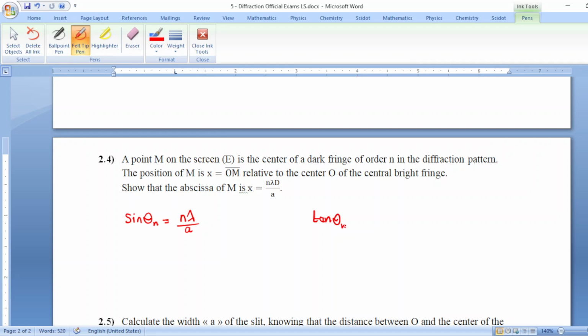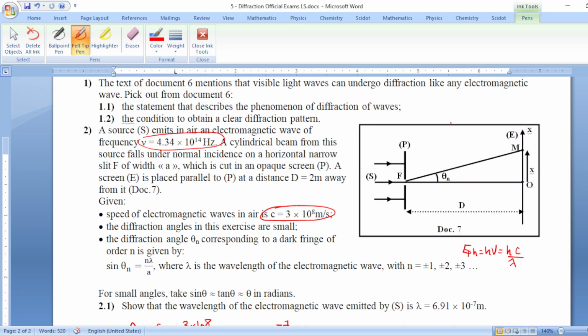Tangent theta n. I go to the drawing here. We know that the tangent of a given angle is equal to the opposite side divided by the adjacent side. If we take the right triangle OMF, right angle at O, this side is the hypotenuse, OM is opposite, and OF is adjacent.